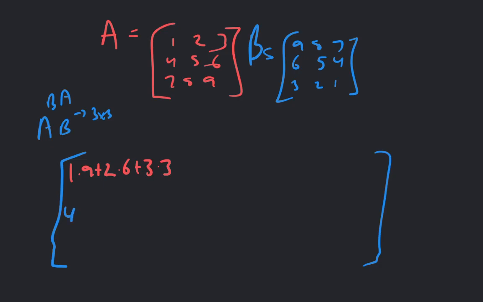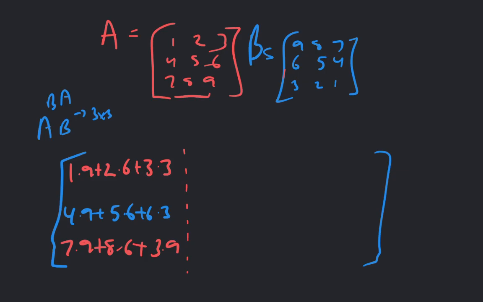So 4 times 9 plus 5 times 6 plus 6 times 3, and then bottom row, first column, 7 times 9 plus 8 times 6 plus 3 times 9. And that's just the first column. Now we're going to be using the next column.